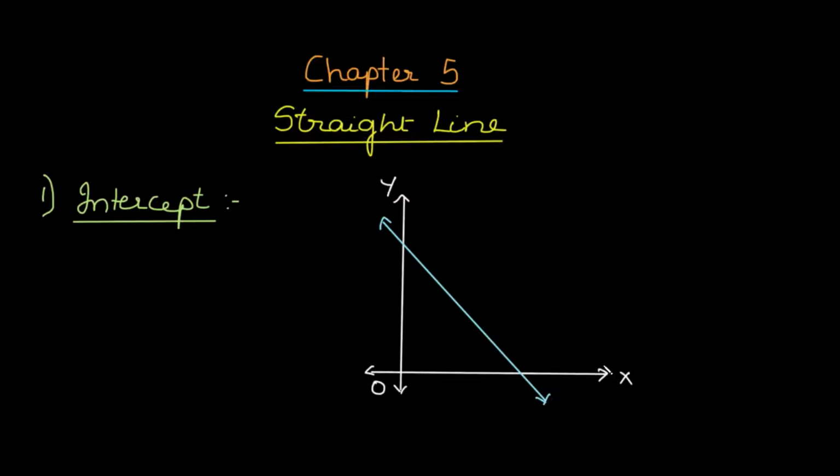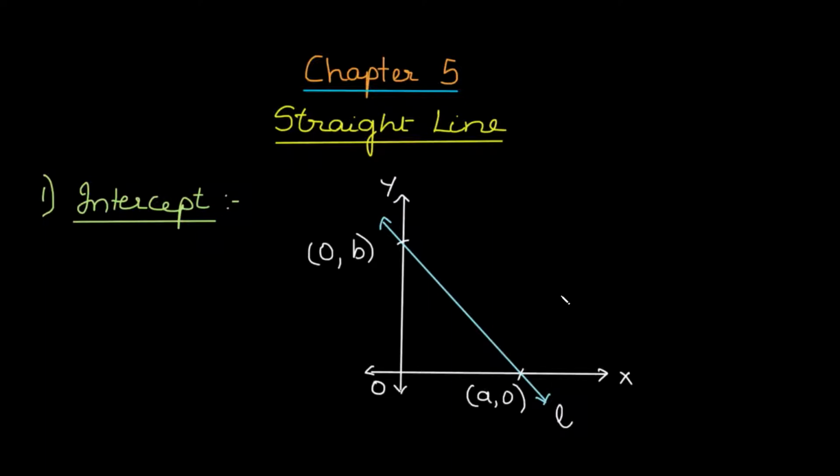Now in this diagram, in this figure, consider this as a line, say this is line L. And this line L, suppose it meets the x-axis in this particular point, that is say (a, 0), and it touches the y-axis at this particular point, say (0, b).